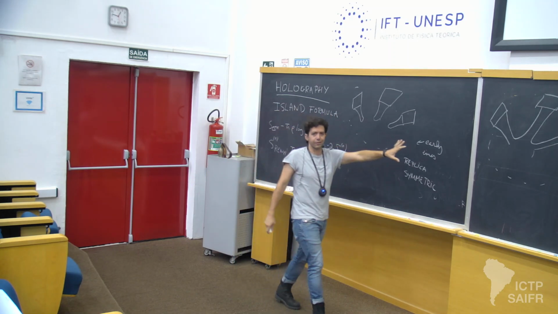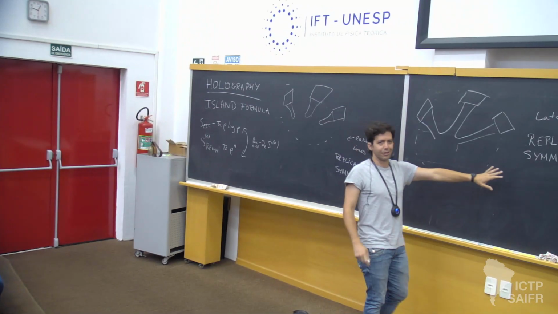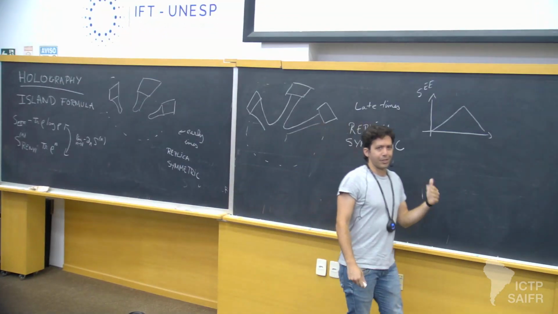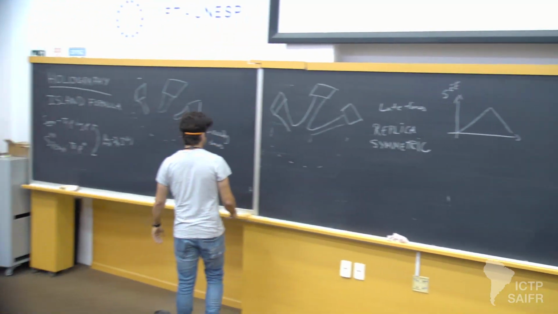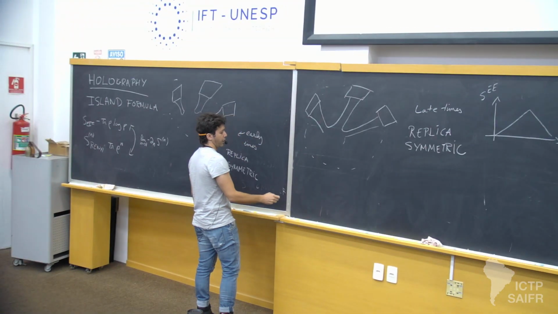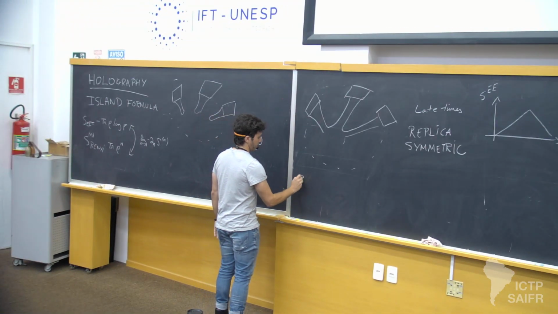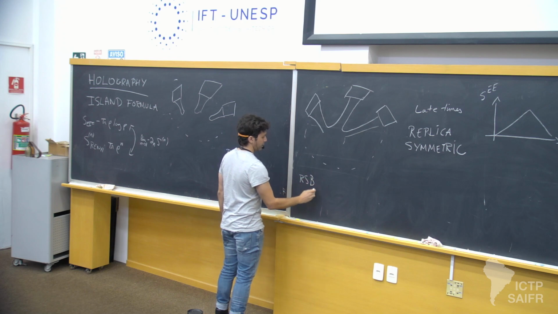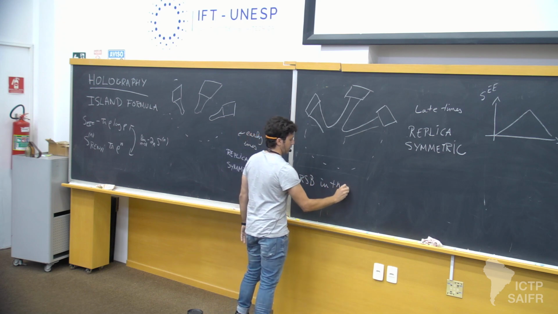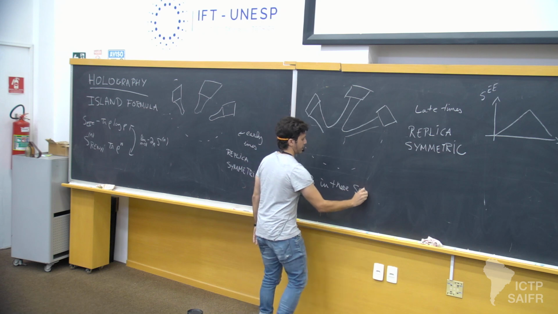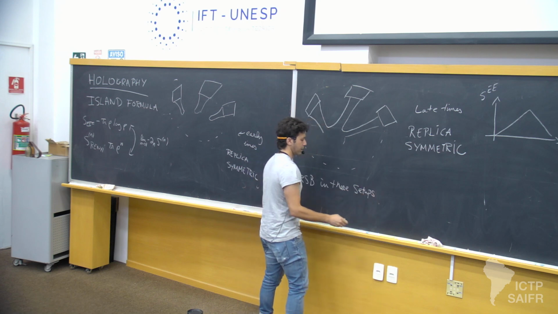It may even be related to this fragmentation instability that I was describing before. So I think it would be a nice thing to explore whether or not you can get replica symmetry breaking in these setups, and ask how that might be diagnosed.